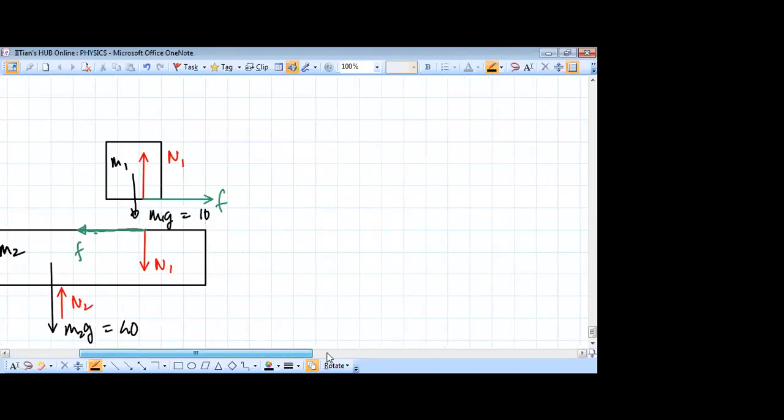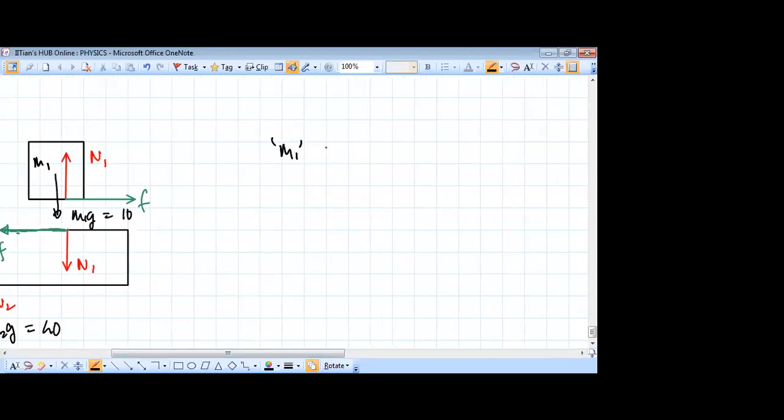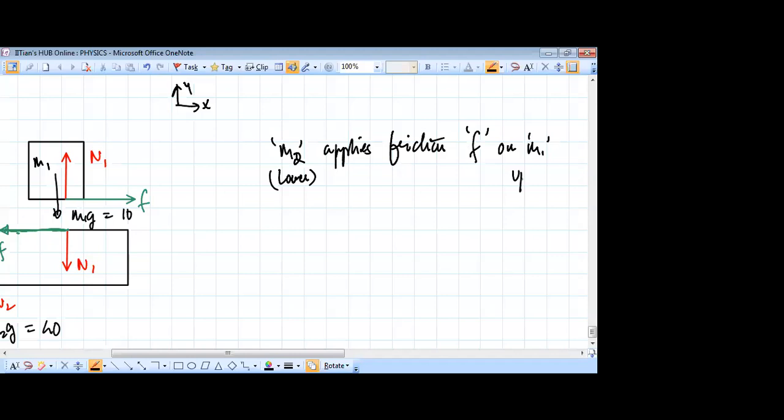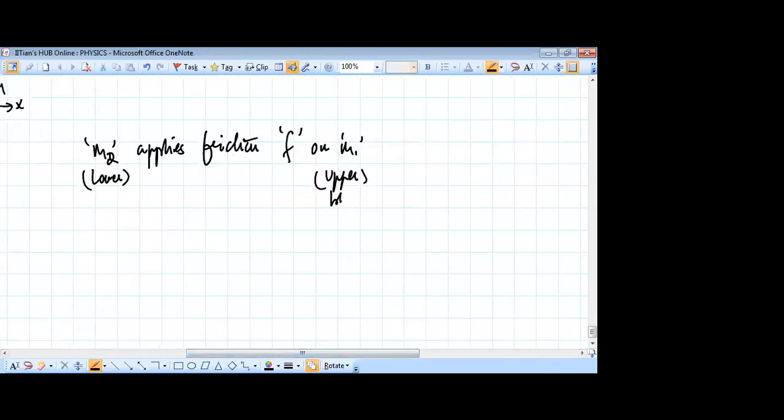So what happens here is that if I take this as my x-axis, M2, the lower block, applies a friction f on M1, the upper block, along the positive x-axis.